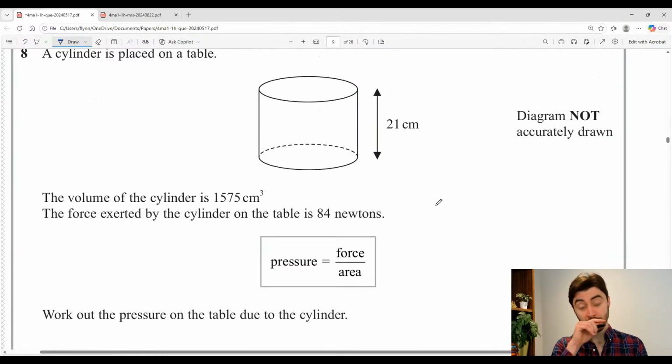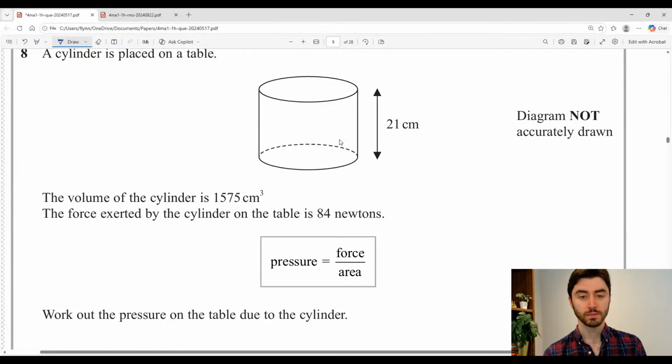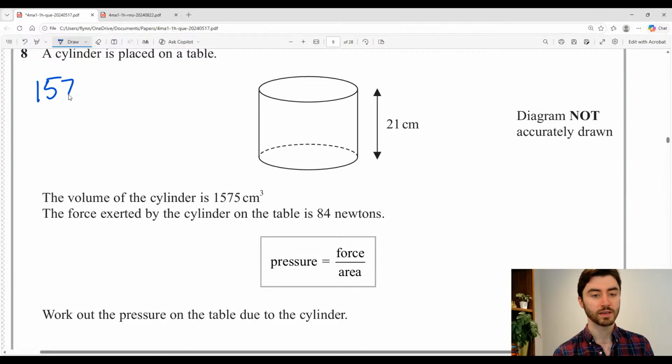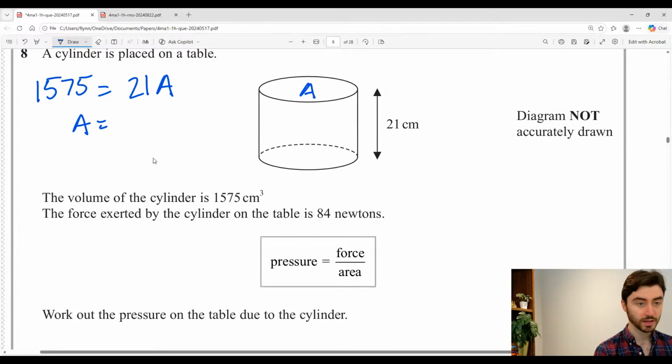What you're meant to get here is the volume of a prism is the cross-sectional area times the height. So in other words, that volume, 1,575, is this area times 21. And so the cross-sectional area is that number divided by 21.